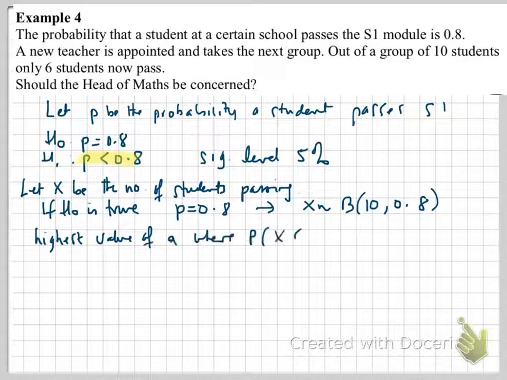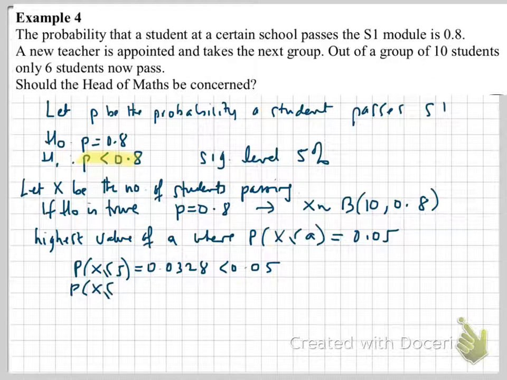So the highest possible value of A is now what we're looking at. And we want the highest possible value of A such that the probability is less than 0.05.